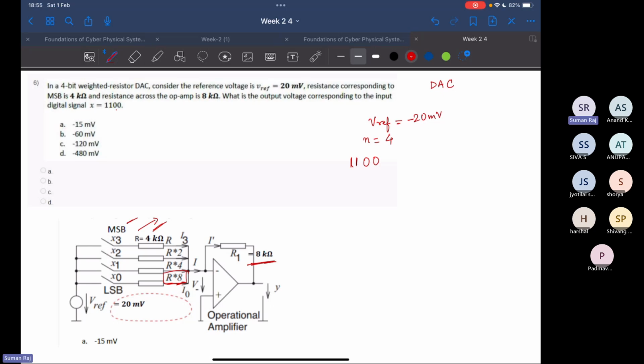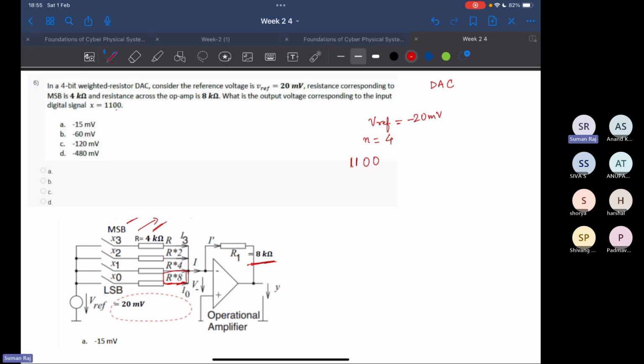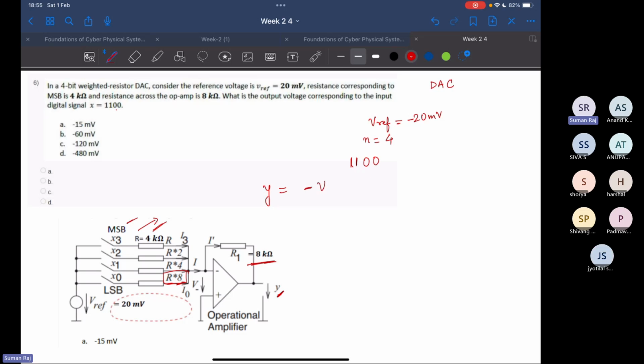Actually, I'll just tell you the formula and I think you should be able to calculate it. The output voltage over here, that is Y, is given as minus Vref into R1 by R into, you have to take this all summation.